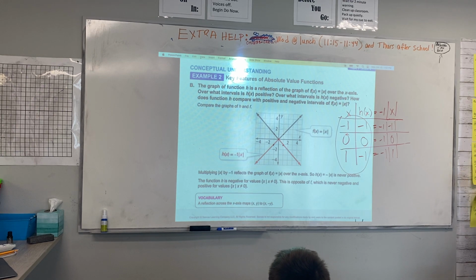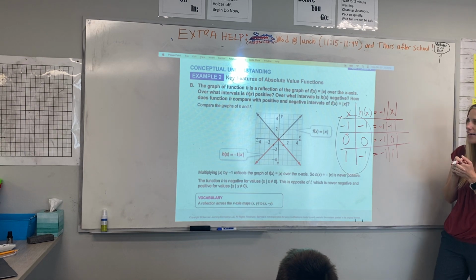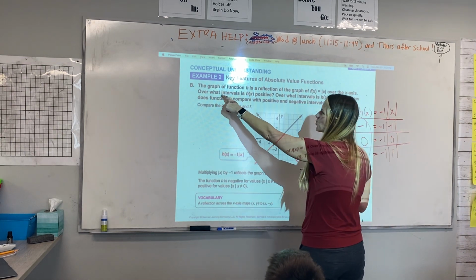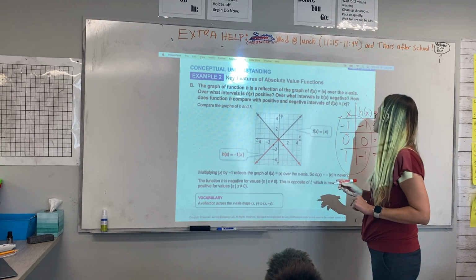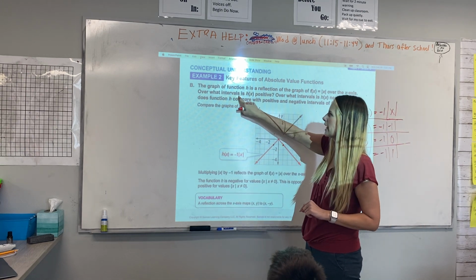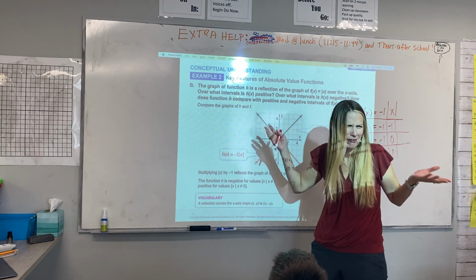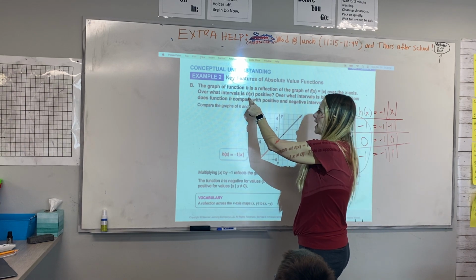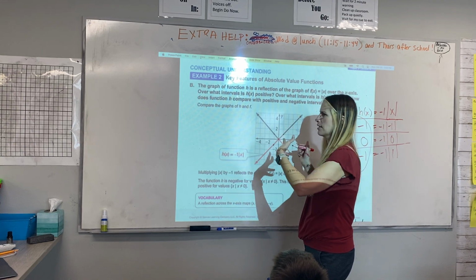Now that we've established what the charts look like, or the tables, what the graphs look like, let's start asking ourselves the trickier questions. This question is weird. It says, over what intervals is h of x positive?